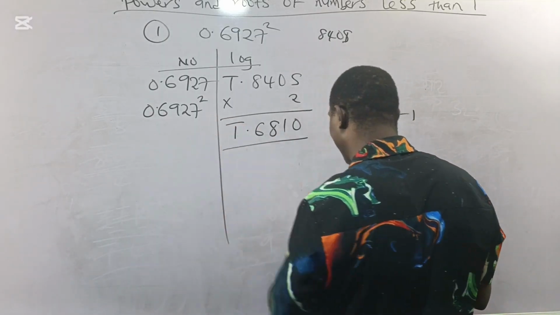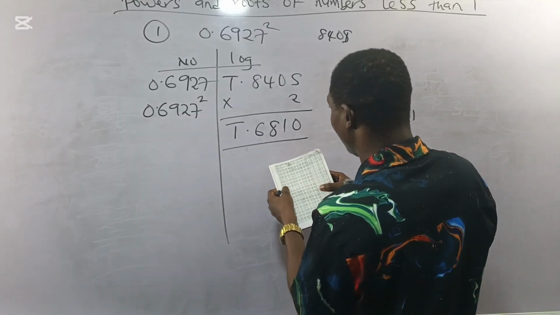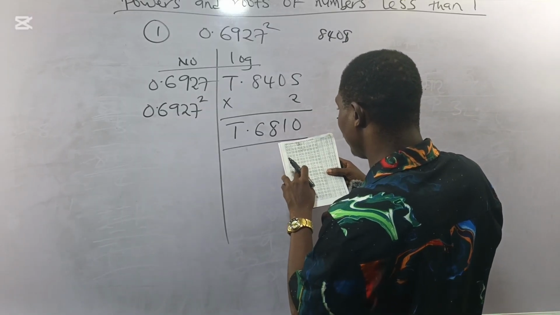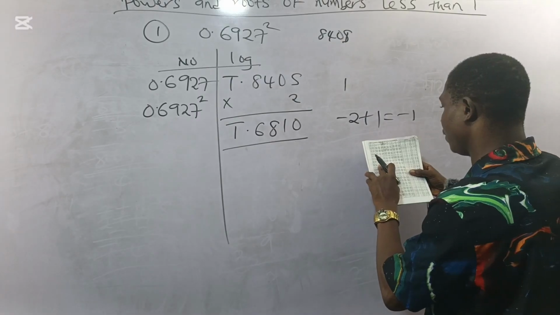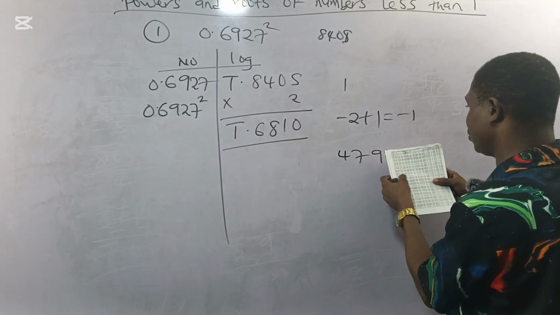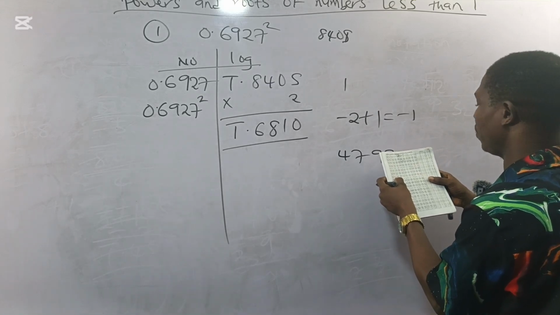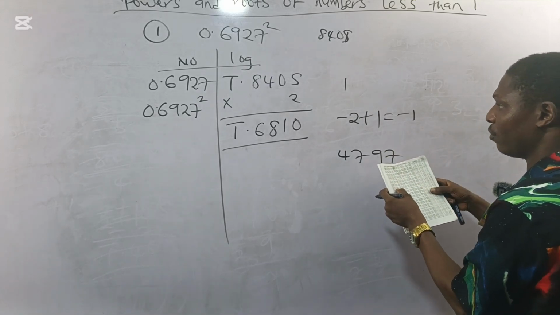Now, I'm to look for the antilog of 68 under 1 difference 0. And I'll use this to determine my decimal points. So my antilog of 68 under 1 is 4797. Difference 0 is not there because we don't have 0 as our column.